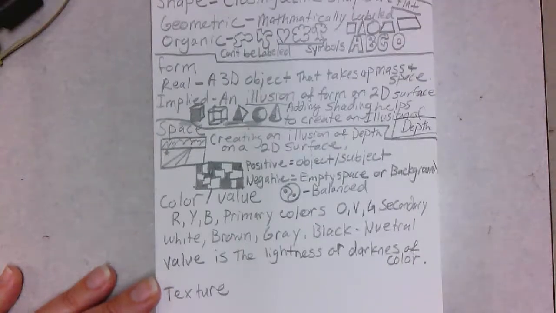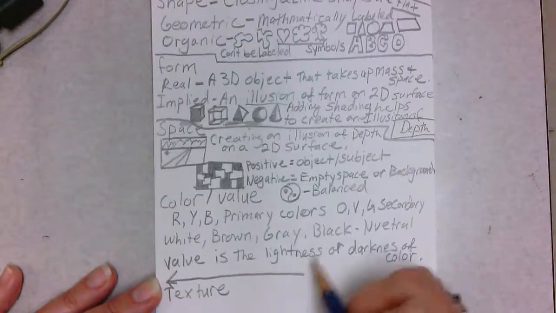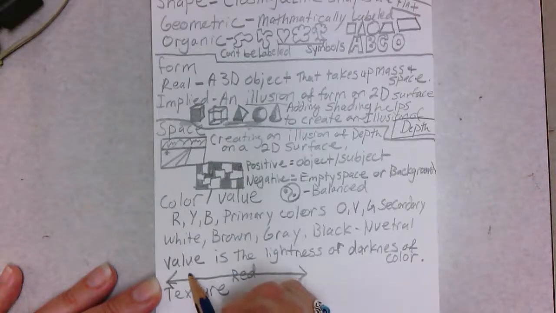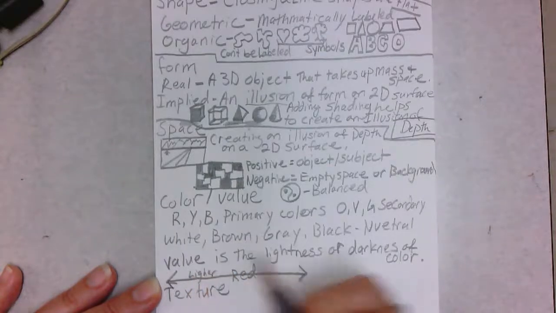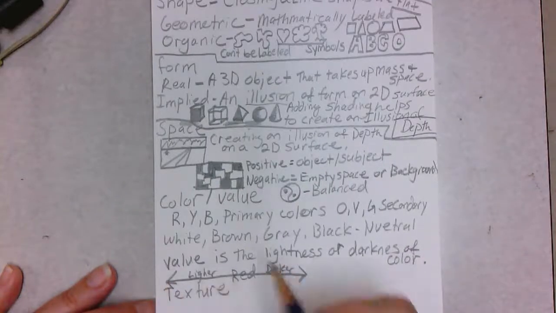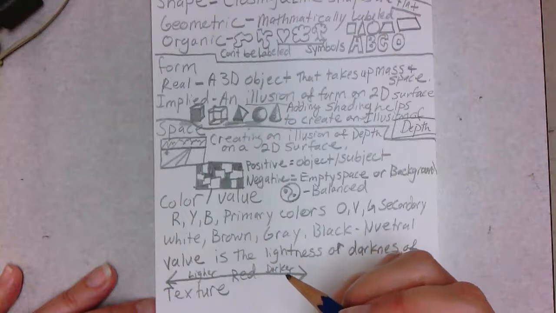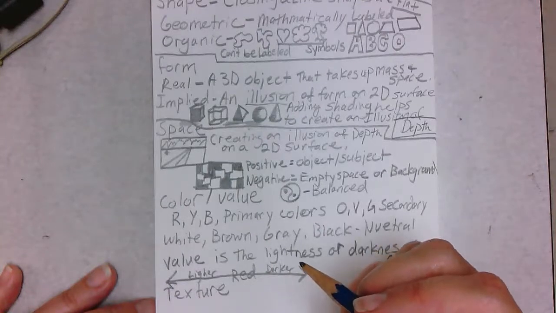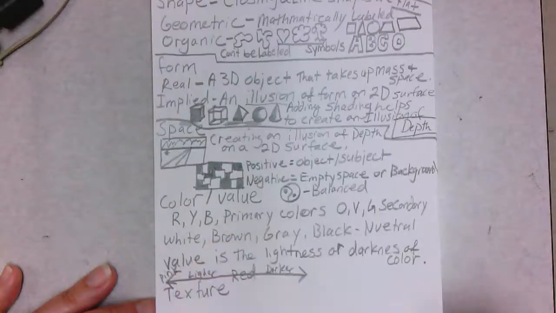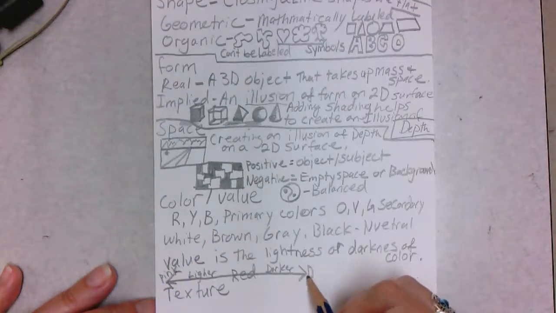Alright, if we had a scale, almost like a number scale with arrows on the end of the line, and we had red in the middle of it, and we get lighter in this direction and darker in this direction, what would the color be out here? Red mixed with white. Pink. And this would be a dulled out red, dull red.